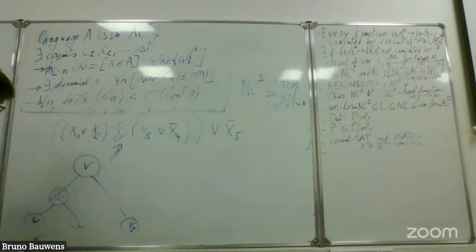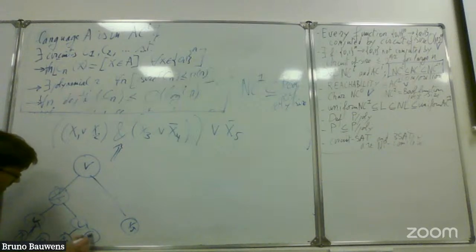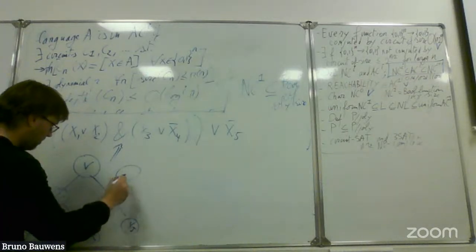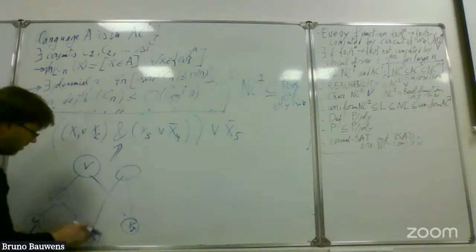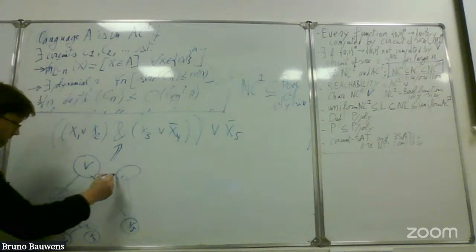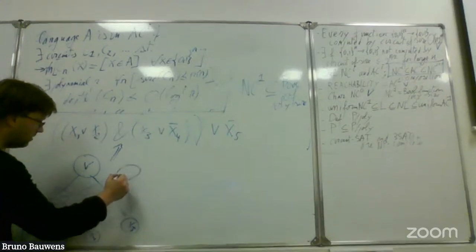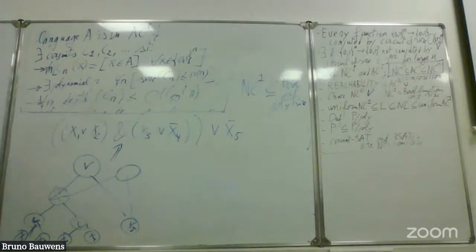Okay, so let us look now at the circuit. I forgot myself, so I'm sorry, but we will find it. It should not be a problem. Here we have some inputs: x1, x2, x3, x4. And it's something like this. We need to reuse some gates like this. Let us look at a gate at smallest depth.